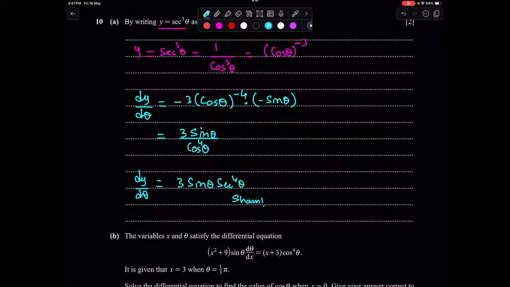Now one very important thing which will be used in the later part. We can write this as d upon d theta of sec cube theta as 3 sin theta sec power 4 theta.